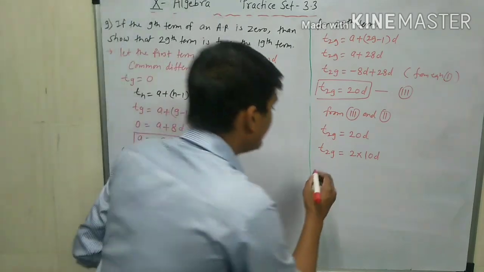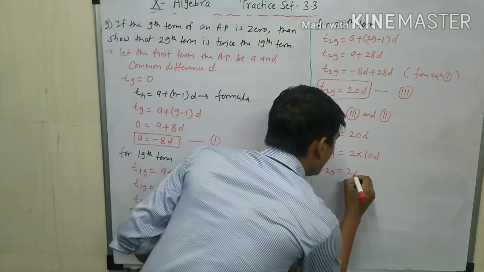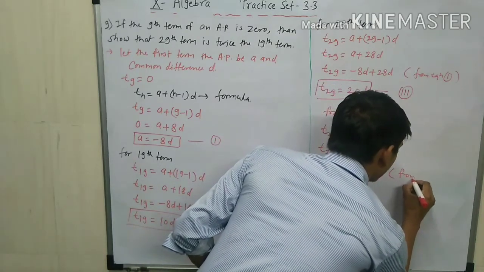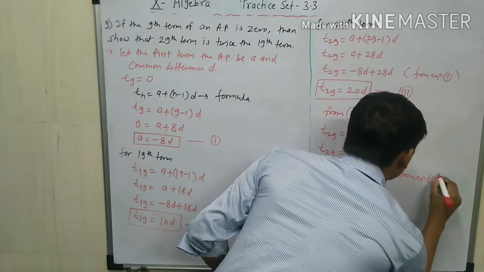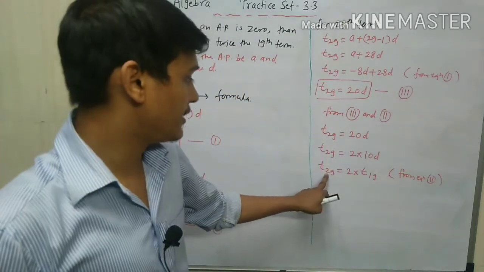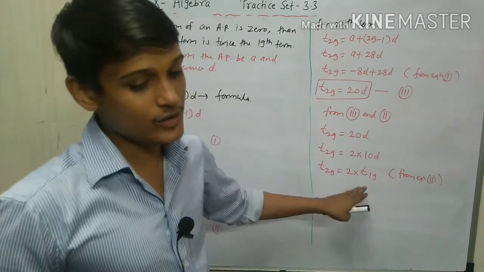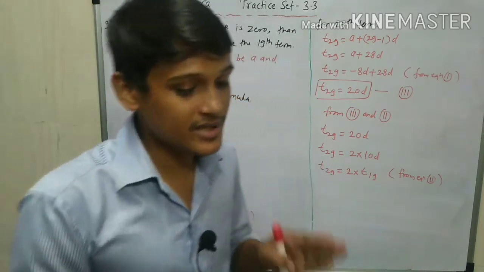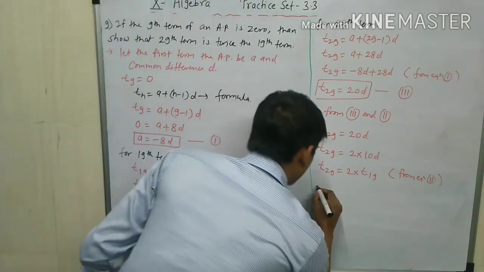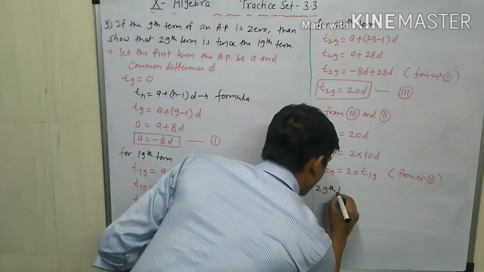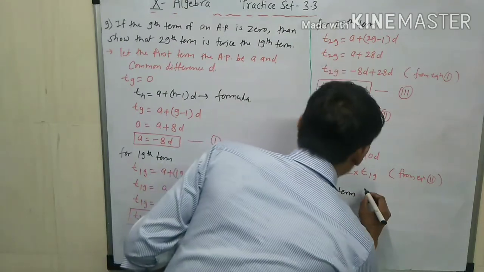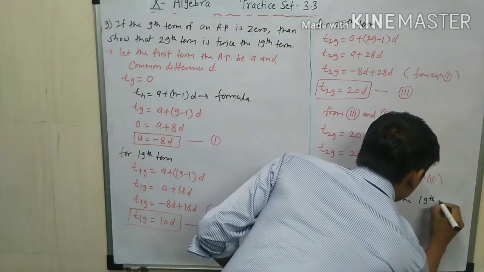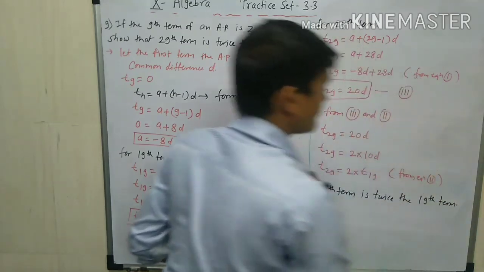T29 = 2 into T19. This is from equation 2. T29 = 2 into T19. This is your proof. Now we can write here the 29th term is twice the 19th term. Okay.